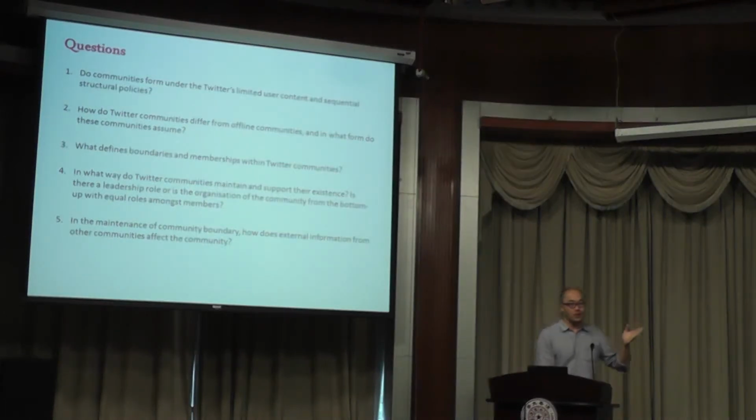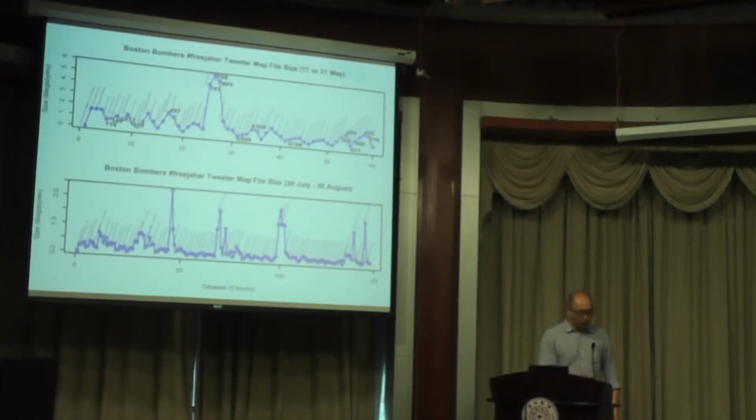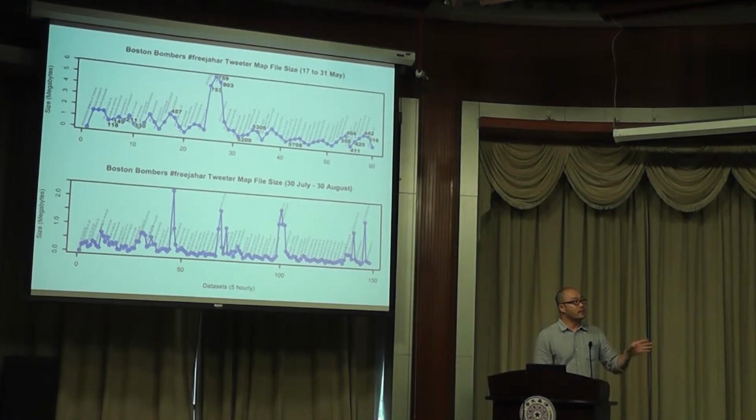Based on these few questions, after my paper was published here, I analyzed further, and this is in other publications, so it's in review in two journals. From the data set, you can see that some of the points are rather big, so it shows some activities.